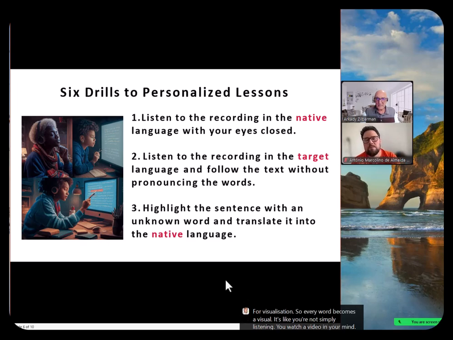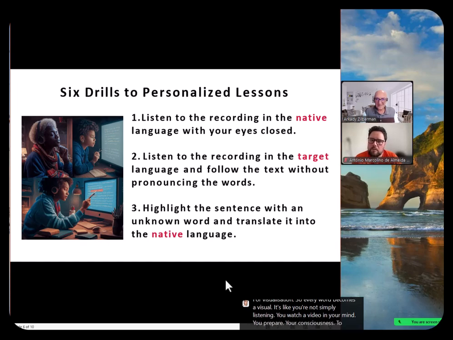You prepare your consciousness to grasp the meaning of the text, which in all other 5 drills will be given in English. Drill 2. Listen to the recording in the target language and follow the text without pronouncing the words.